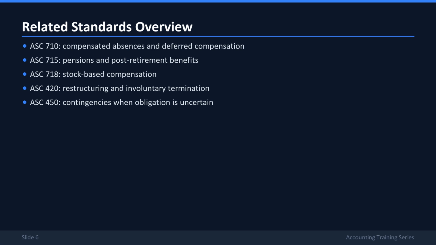ASC 420 covers exit and disposal activities, including severance paid when management restructures or lays off employees. ASC 450 covers contingencies, which applies when a compensation obligation is uncertain rather than probable.